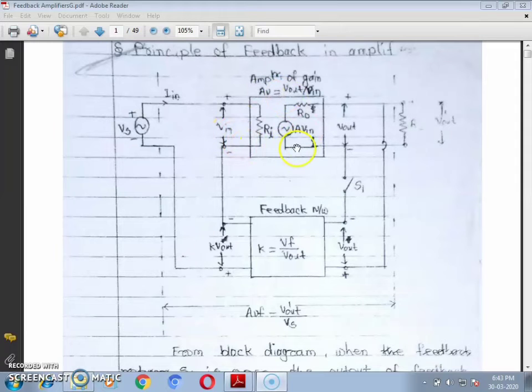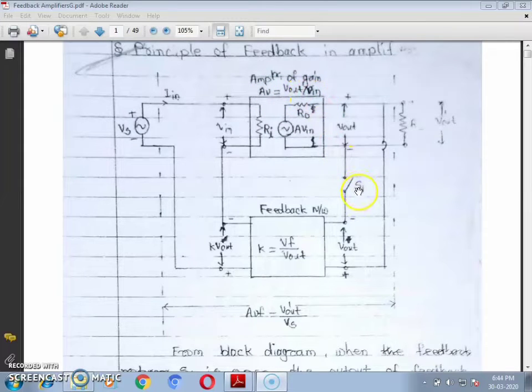So for this situation, S1 is open, and the input to the basic amplifier is simply Vin. So finally the gain of the system is given as Vout divided by Vin, which is called the gain of the basic amplifier. It is also called the gain of the system without feedback, labeled AV, equal to Vout divided by Vin.